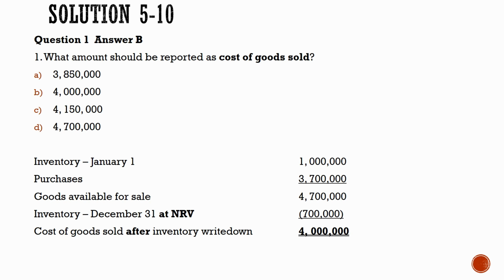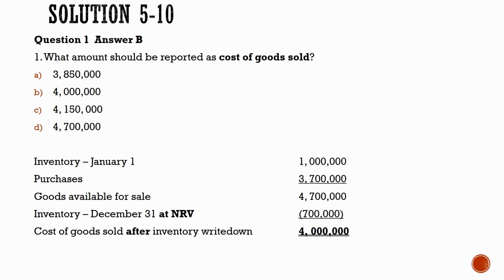And NRV prevents overstating or understating of an asset value. So much with that, add or deduct lamang natin lahat, so 1 million plus 3.7 million minus 700,000 and makukuha na natin ang cost of goods sold na 4 million which is letter B from the choices.